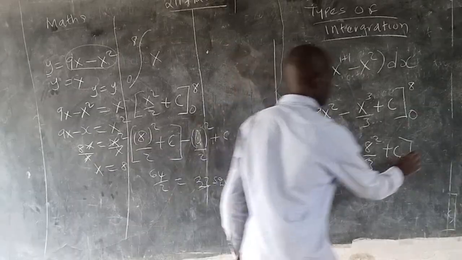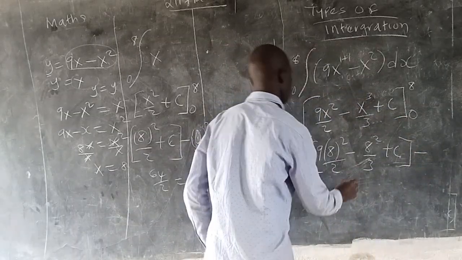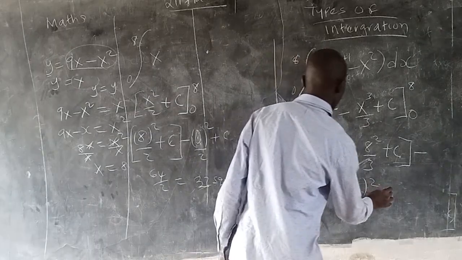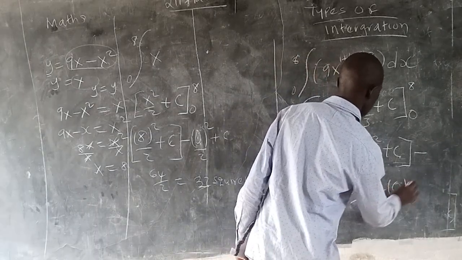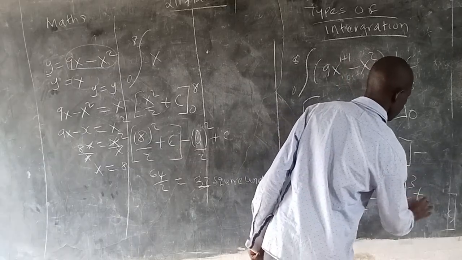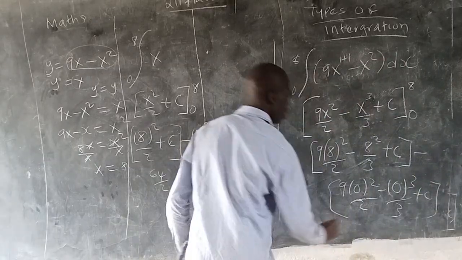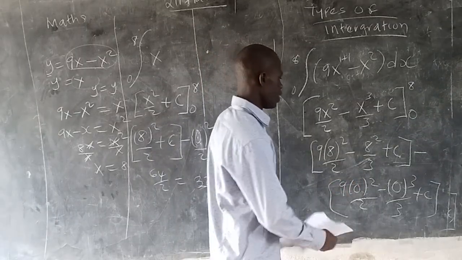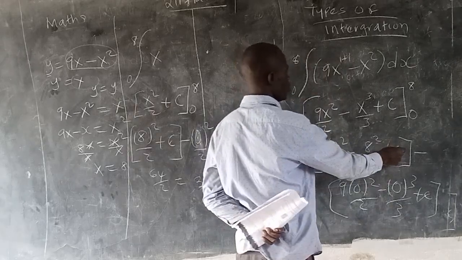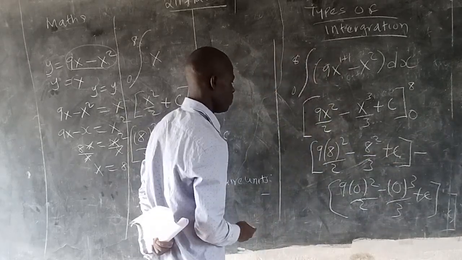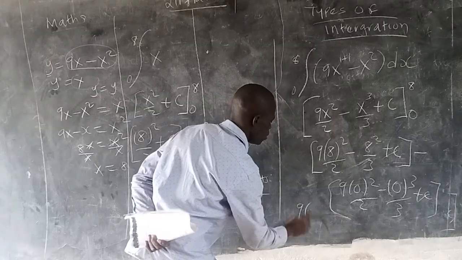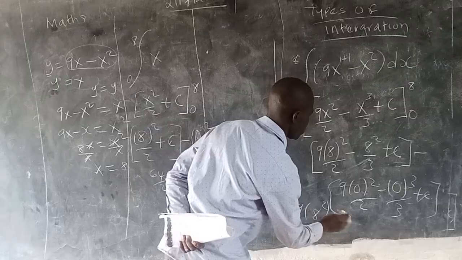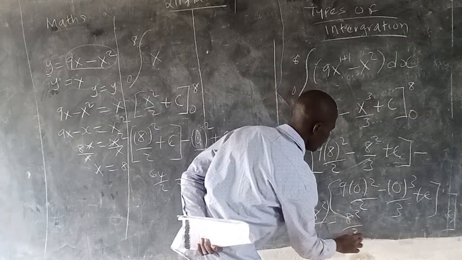Then we subtract 9 into 0 squared over 2 minus 0 cubed over 3 plus the constant. Remember, when we multiply any number with 0, we get 0. And the constant c will cancel with the other c. So what remains here is 9 into 8 squared over 2 minus 8 cubed over 3.